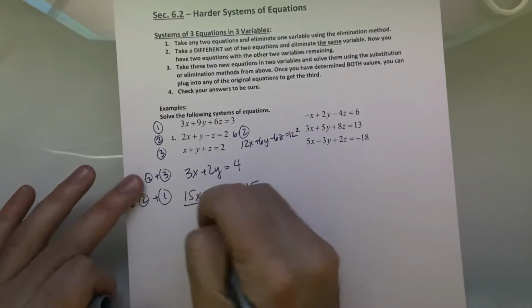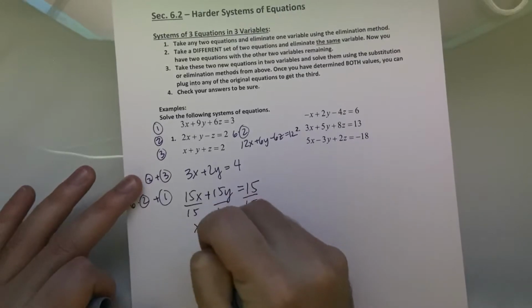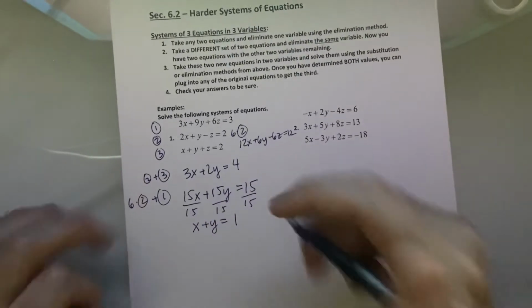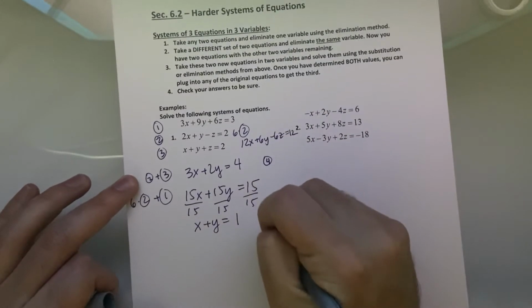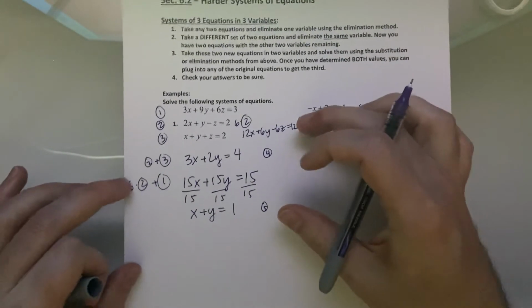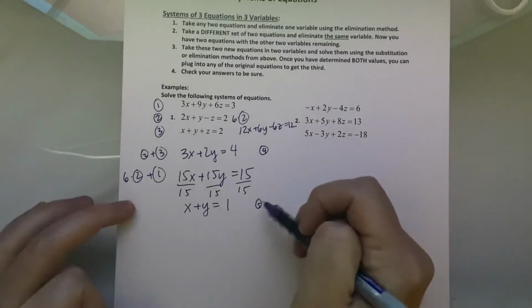These can all be divided by 15 to get x plus y equals 1. So we're going to call the first equation I combined 4 and this one 5. Now that I have two equations in x and y, I can use my skills from last chapter to solve for y and x. And then once I have y and x, I can plug in to find z.